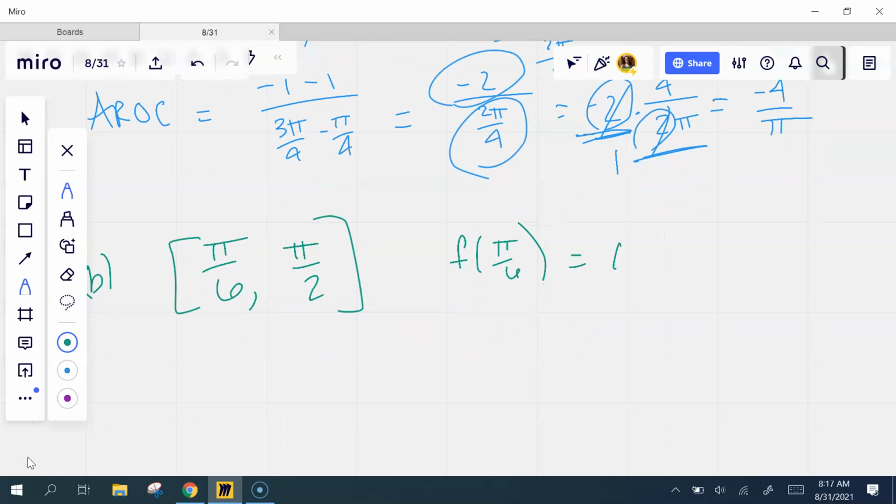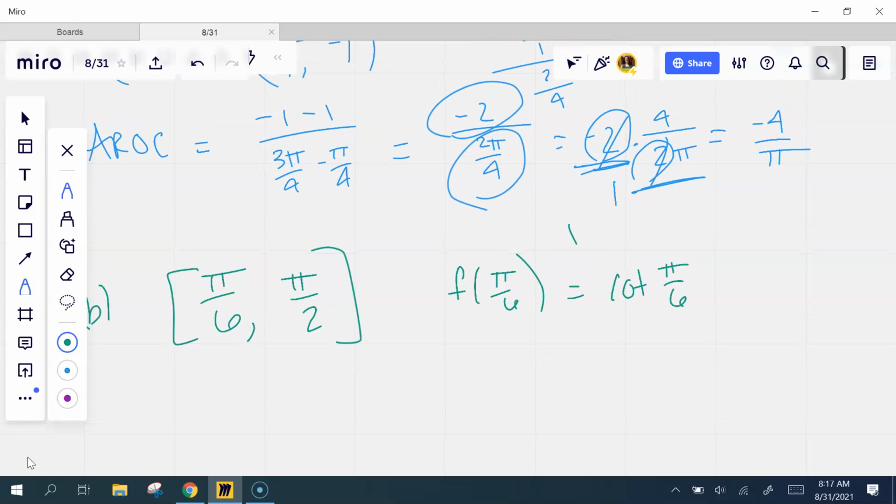F of pi over 6, so the cotangent of pi over 6. So what's the tangent of pi over 6? Oh, square root of 3 over 3. All right, the tangent is square root of 3 over 3.